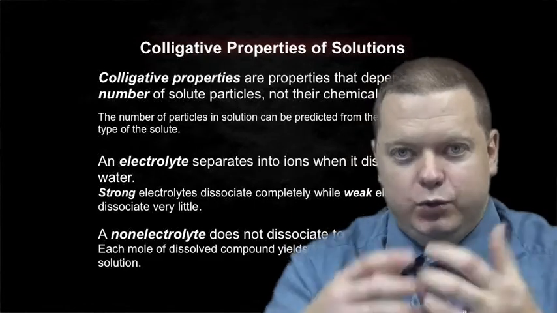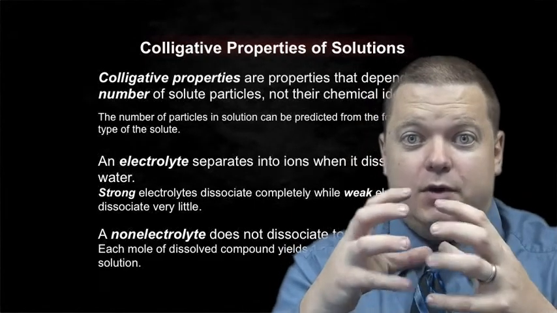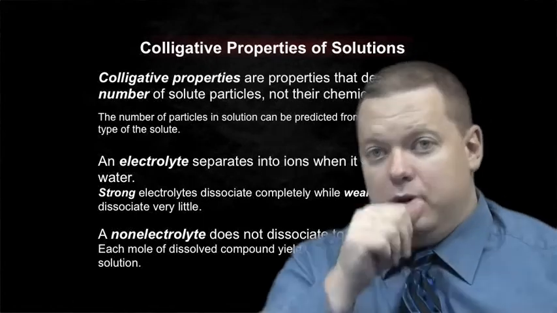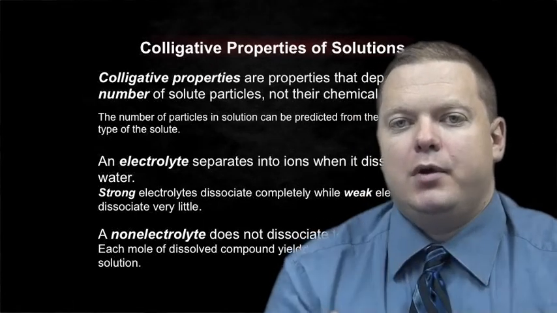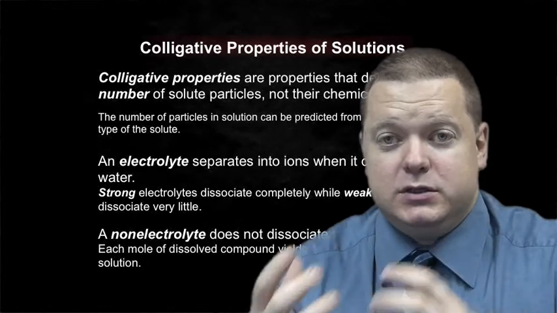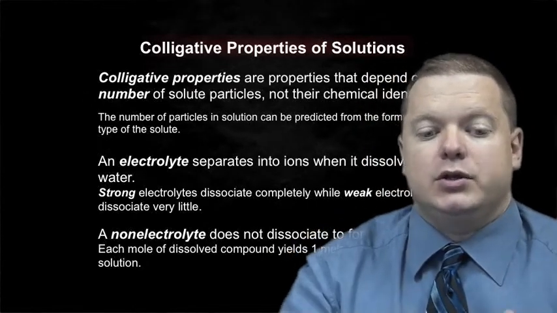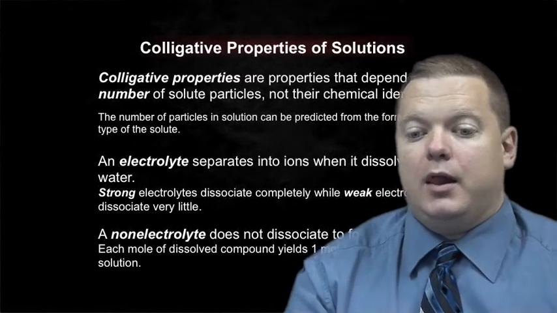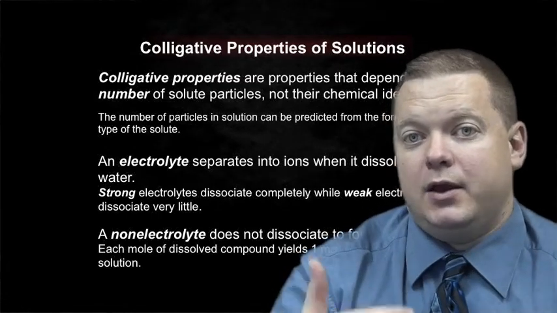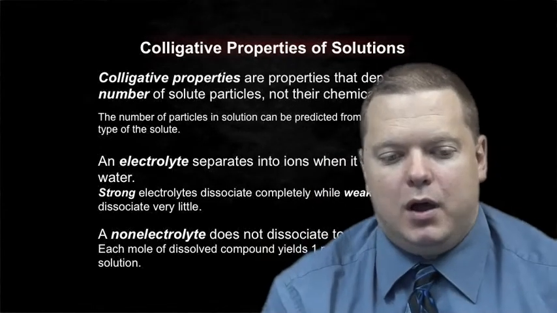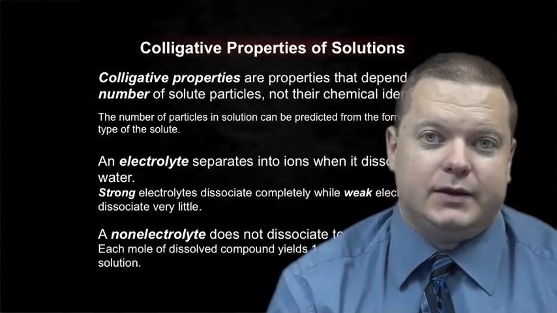Something like glucose: when it dissolves, it stays together. We just have that one single glucose molecule. So the number of solute molecules is directly related to whether it's a strong electrolyte, weak electrolyte, or non-electrolyte. And we will see later at the end how the total number of particles plays an effect.